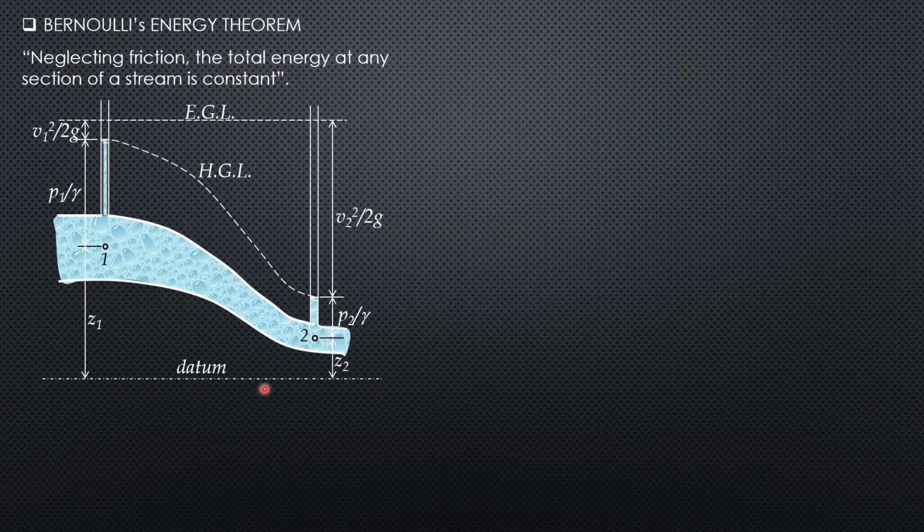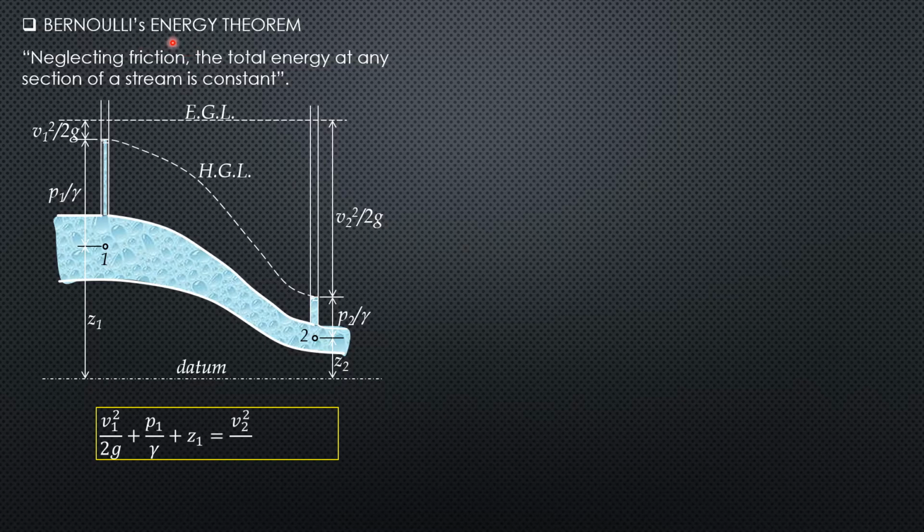So this is the equation by this theorem here. The total energy at section 1 is equal to the total energy at section 2, and so on and so forth. So this vertical total energy is equal to the vertical total energy there.